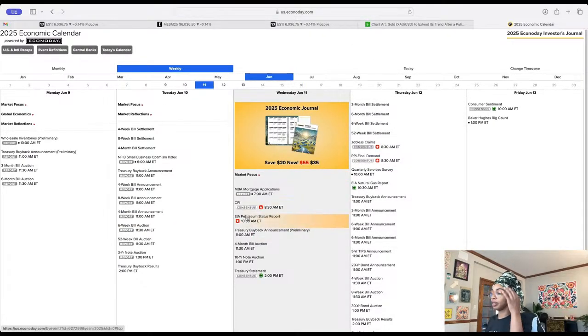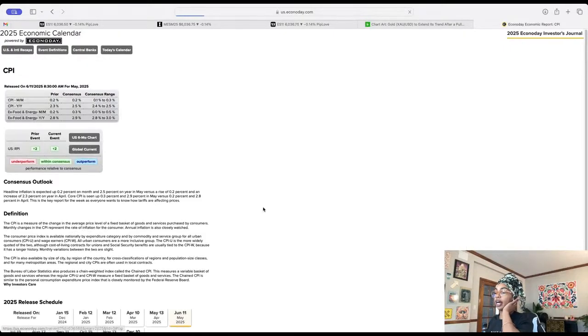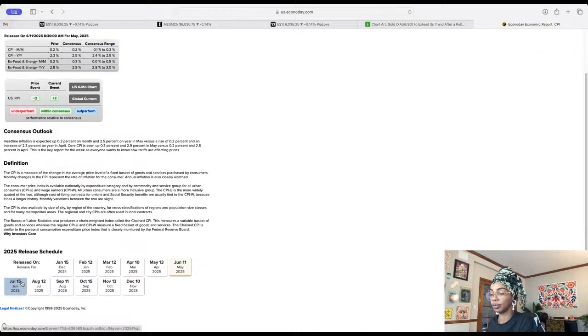Okay, anyone trading petroleum? I do love Econo Day for the news because it helps give us the prior and consensus information. It gives us our release schedule so we can know when the next data release is going to be, which is July 15th.